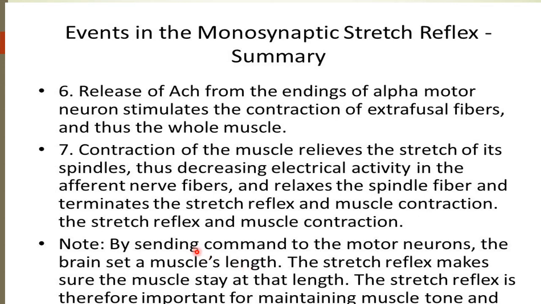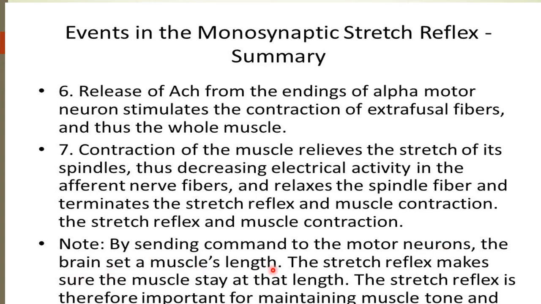So, by sending the command to the motor neuron, the brain sets a muscle's length. By sending a command to the motor neuron, meaning the projection from the alpha motor neuron to the extrafusal fibers, the brain sets a muscle length.